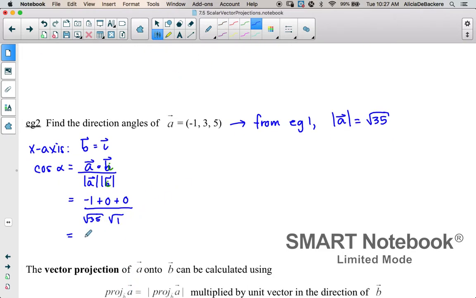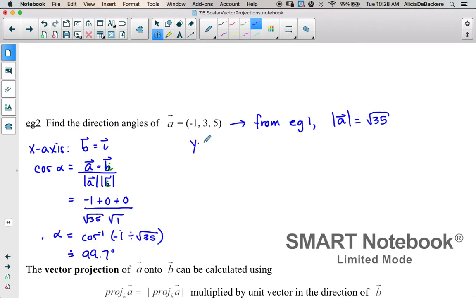And so here I get alpha is cos inverse of -1 over root 35. Type that into my calculator and I get about 99.7 degrees.